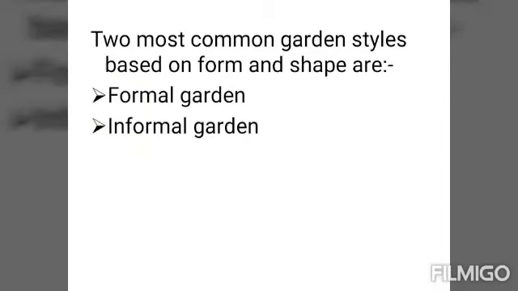Some examples are gardening during the Vedic and Epic era, the Mughal era, the Rajput gardens, the British period, and even post-independence gardening. But today we will learn about the most common garden style, which is based on form and shape. They are the formal and informal garden.